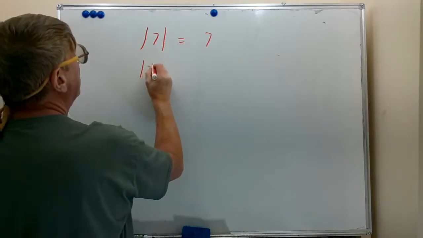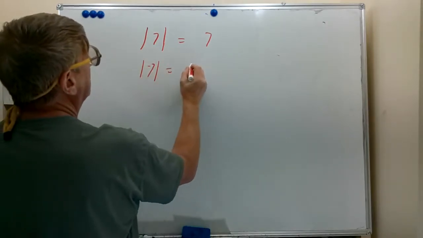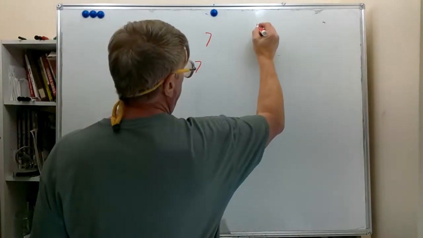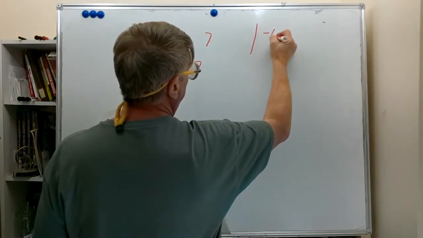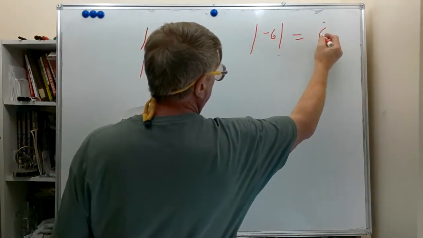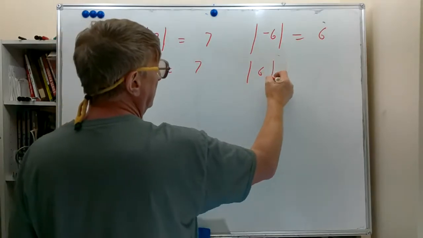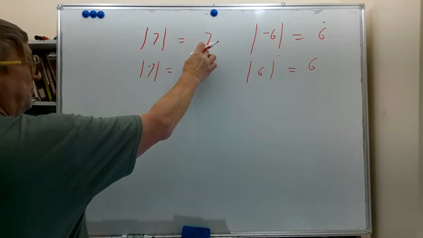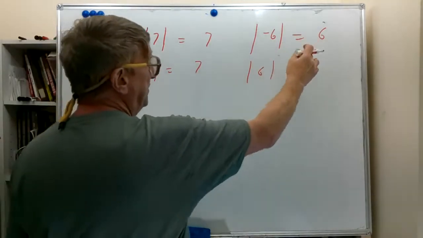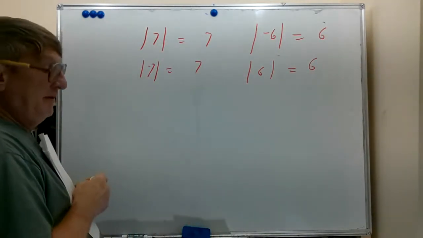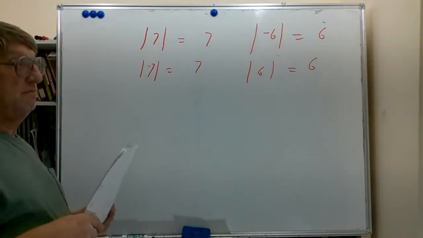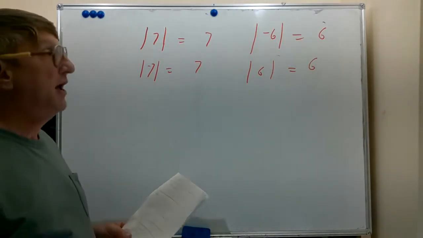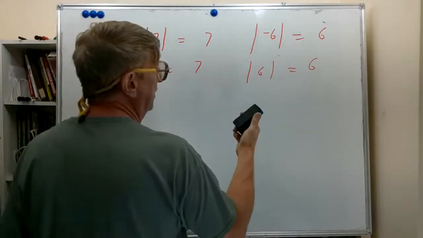The absolute value of negative 7 equals 7. Absolute value of negative 6 equals 6. Absolute value of 6 equals 6. But in all cases, this number is the distance from 0. And being we can think of it as a distance, we don't ever say we drove negative 50 miles to visit our uncle on the weekend.